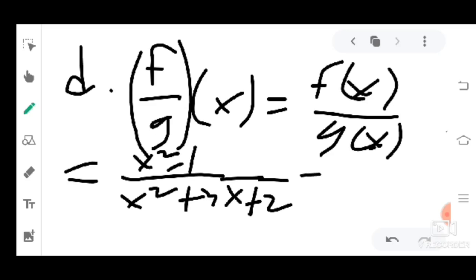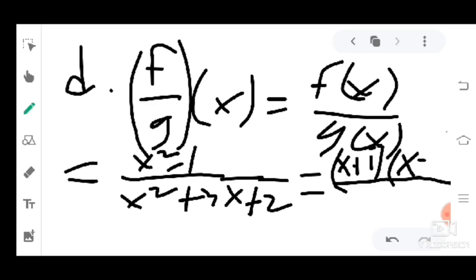I think the numerator is factorable because this is the difference of two squares. So it is just x plus 1 times x minus 1, while the denominator is also factorable, a trinomial which is factorable.